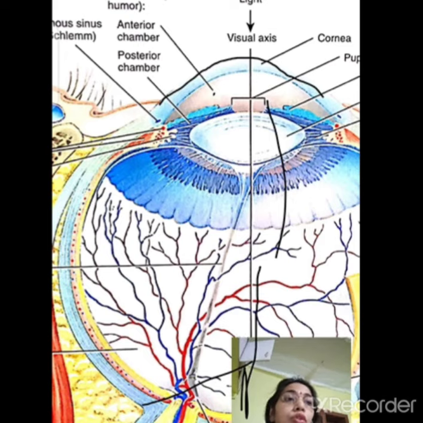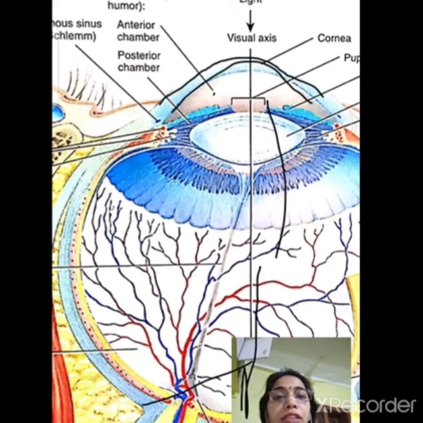We wear the contact lenses over the cornea, so this area is exposed to outer air.